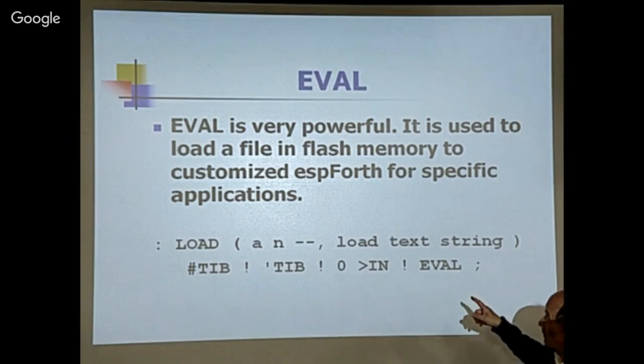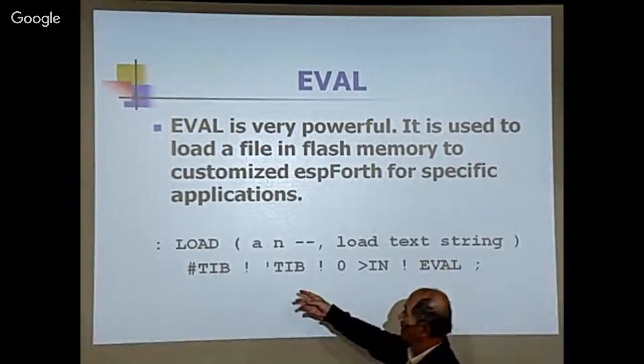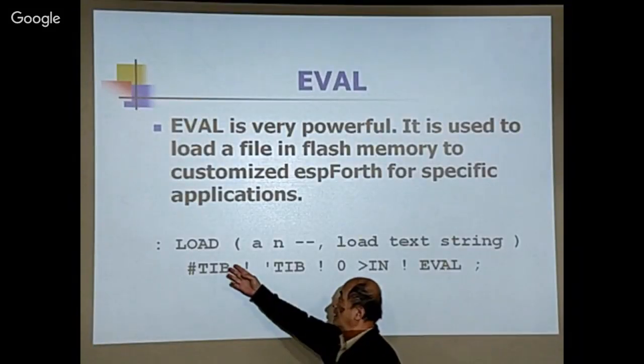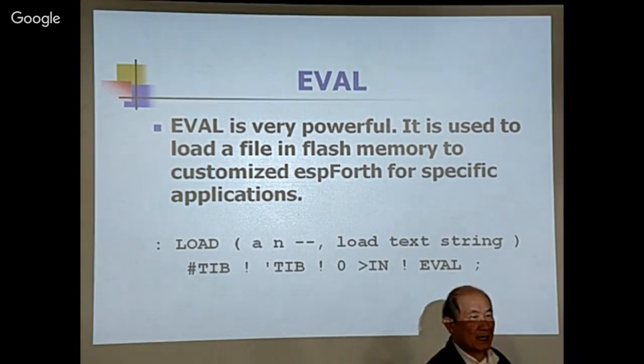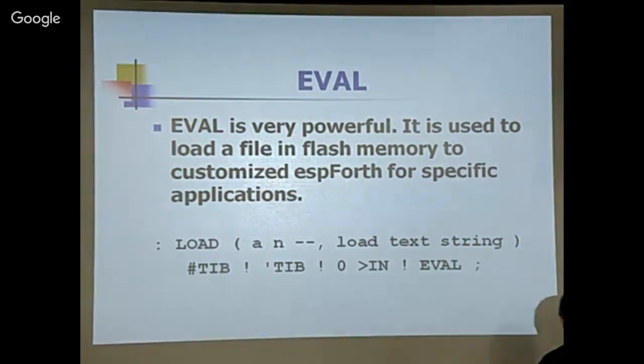So here, for example, this chip has 4 megabytes of flash memory, and you can put a text file or many text files into the flash memory, and then if you implement the SPI file system, it has the regular file commands like open file, read file, write file, and all this.